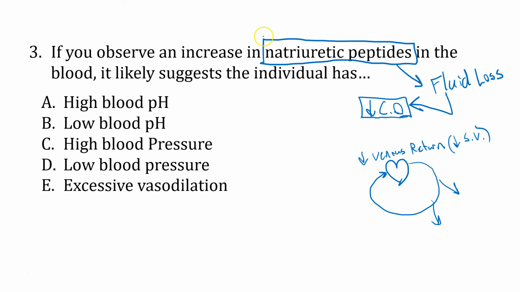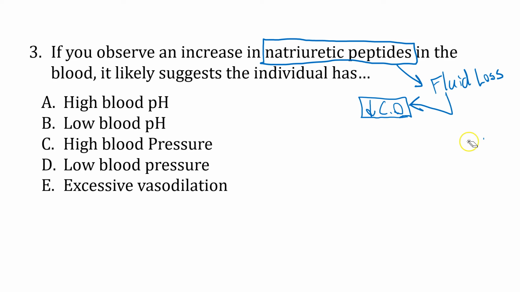Okay, and so we have to ask ourselves, why would the individual be decreasing the cardiac output? If the body is decreasing cardiac output, why is it doing that? What is going on? And what's the condition that's requiring this change in order to bring back homeostasis?